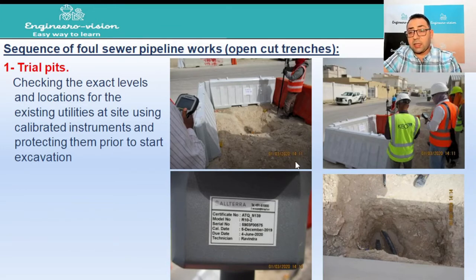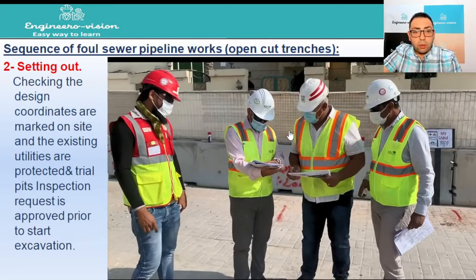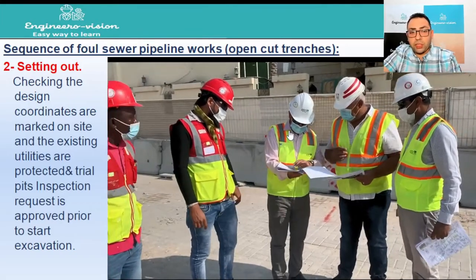And in case that they find anything or any utility that was not shown in the existing utilities drawing, which we have received from the authorities, then we have to update our utilities drawing temporarily. Then we have to contact these authorities to obtain the latest as-built drawing. Then we'll go for the next step, which is setting out.